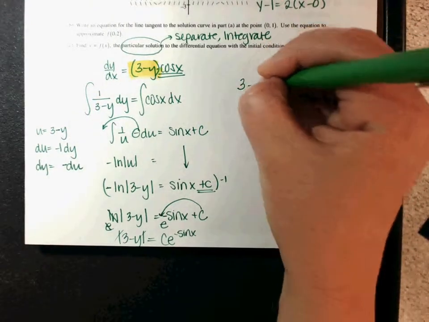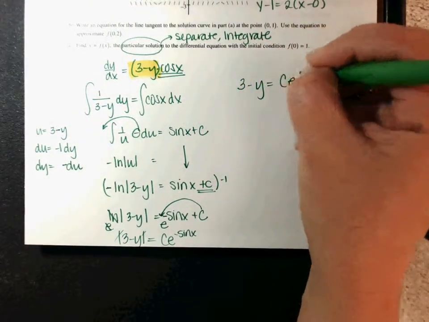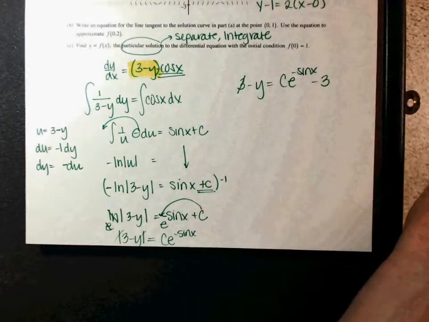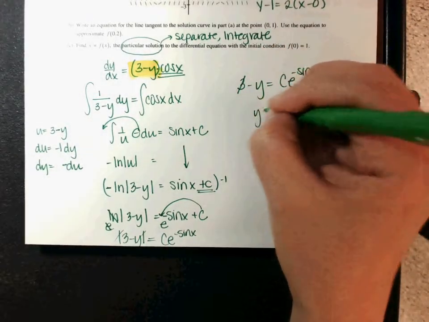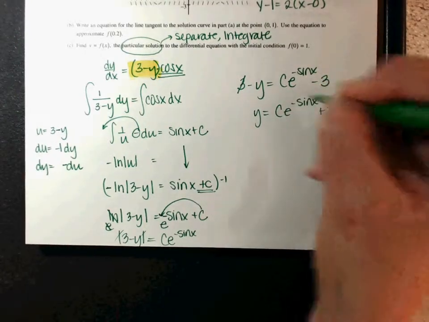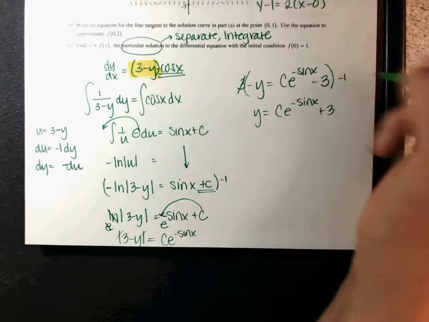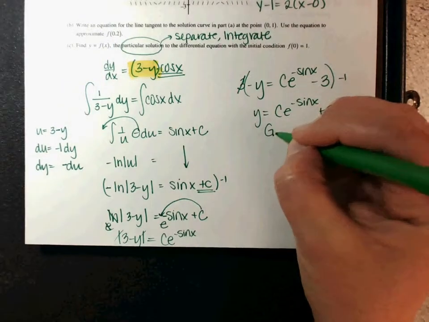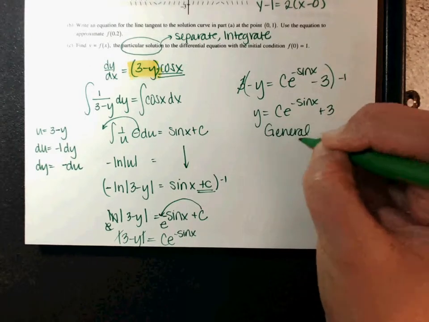So I have 3 minus y equals c e to the negative sine x. Then I'm going to move my 3 across. It'll turn into a negative 3. And then I'm going to change all my signs by multiplying by negative 1 to cross out that negative in front of the y. So from there I have y equals c e to the negative sine x plus 3. Okay, that is my general solution.